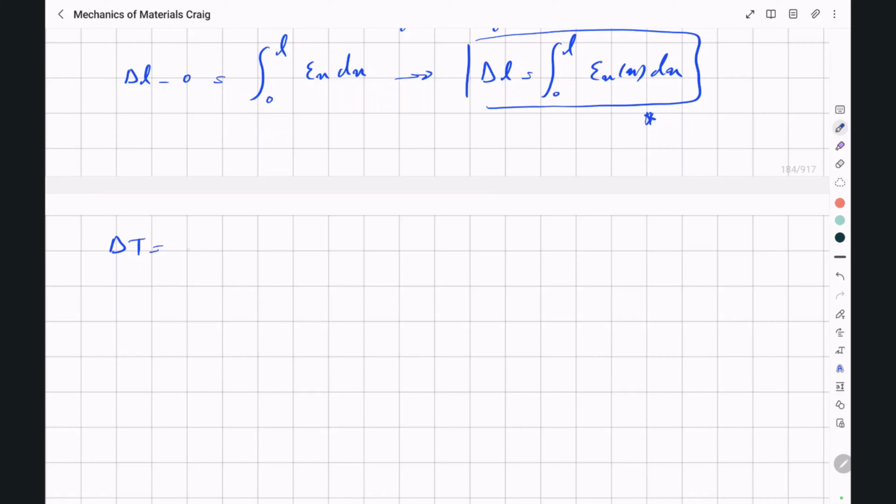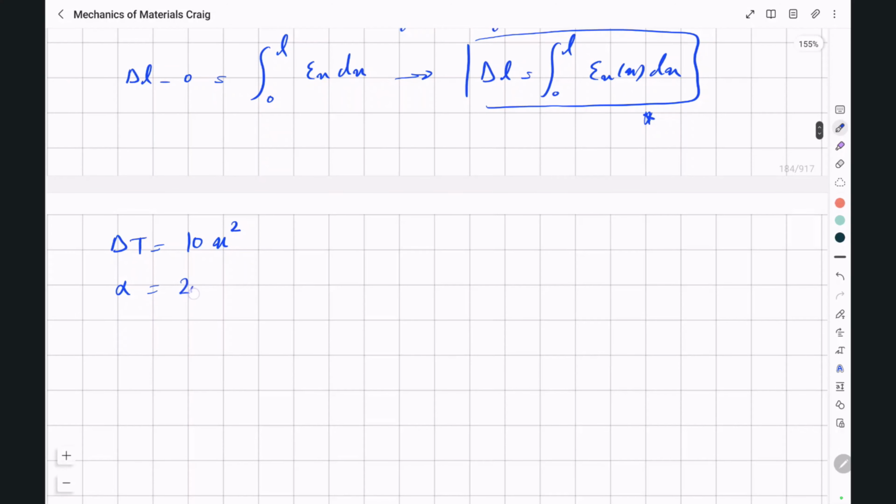And in part B, the wire is subjected to a change in the temperature, and the equation for the change in the temperature is given to us. So we have delta T is equal to 10 multiplied by x to the power of 2, and we have alpha is equal to 20 multiplied by 10 to the power of negative 6.